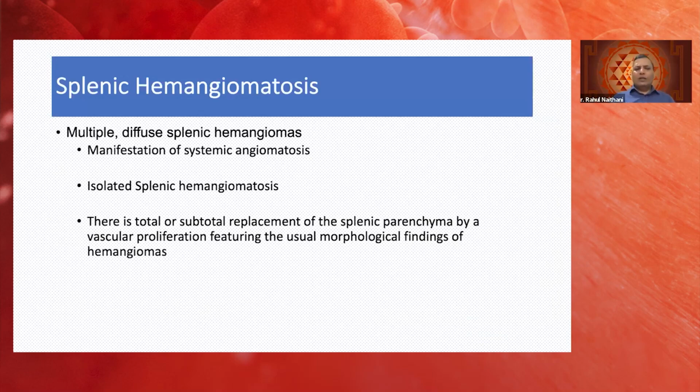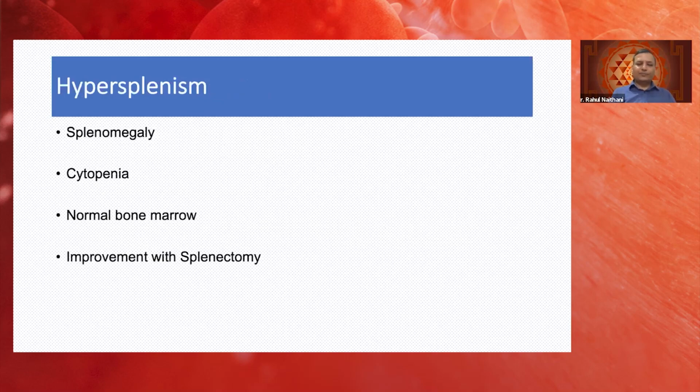Now, splenic hemangiomatosis can be multiple diffuse hemangiomas across the body with spleen, or just isolated splenic hemangiomas. A large majority of them are asymptomatic and may not need any intervention. However, if an intervention is required, then splenectomy is the treatment of choice. Now, whenever we are talking about splenomegaly, we should always be cognizant of something called hypersplenism. Any physician, any medical practitioner in India understands splenomegaly and understands hypersplenism.